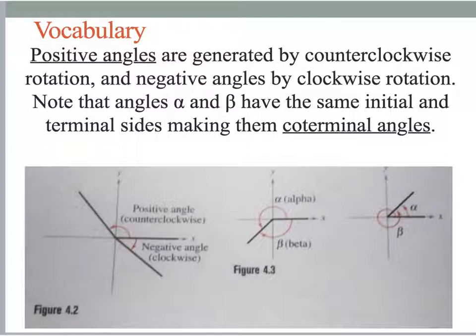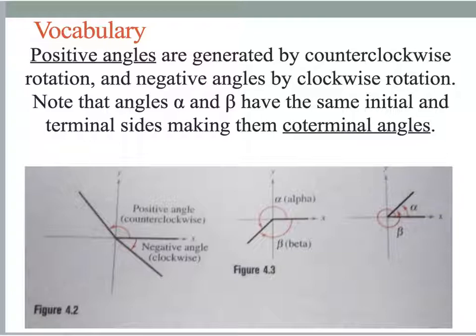So a little bit more vocabulary. Positive angles are generated by counterclockwise rotation and negative angles by clockwise rotation. Note that alpha and beta have the same initial and terminal sides, making them coterminal angles. Look at the first figure, 4.2.